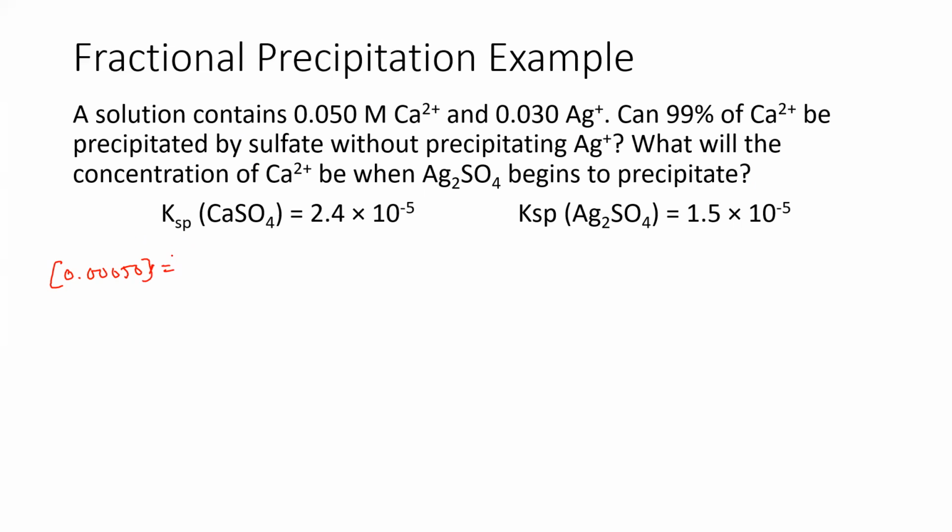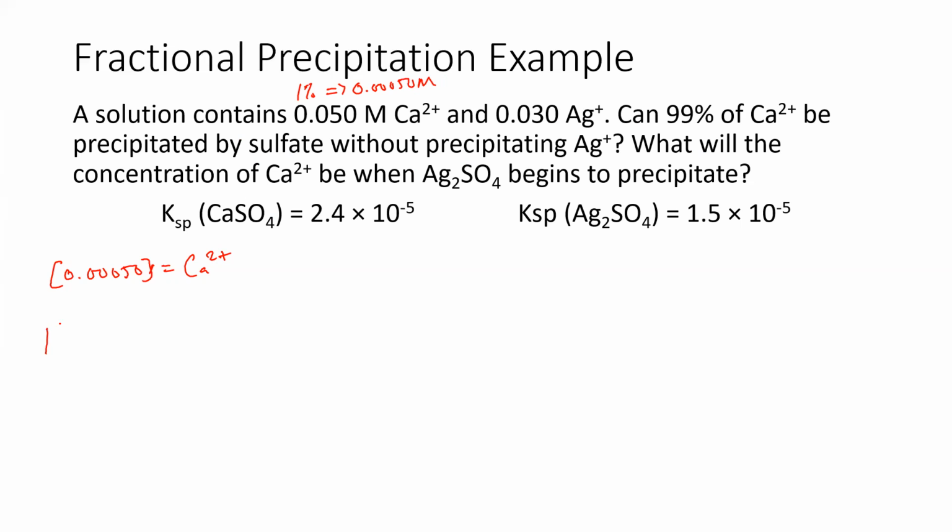And that's my calcium ion concentration. So that's 1% of this. Again, it's 1% because that's how much is left after I've precipitated 99%.